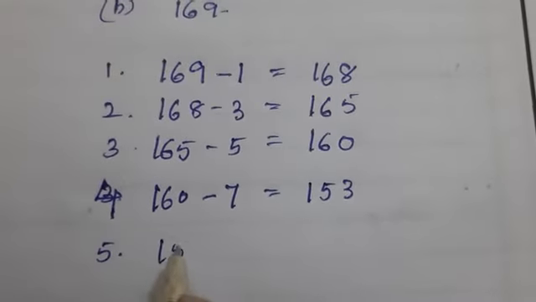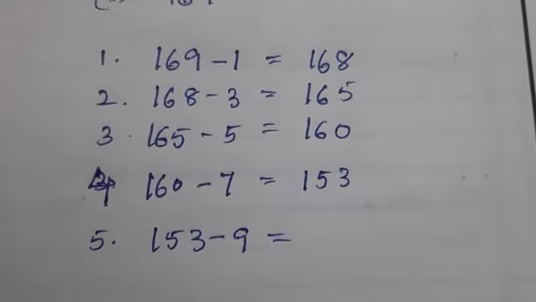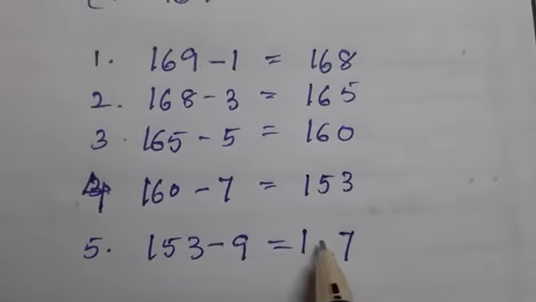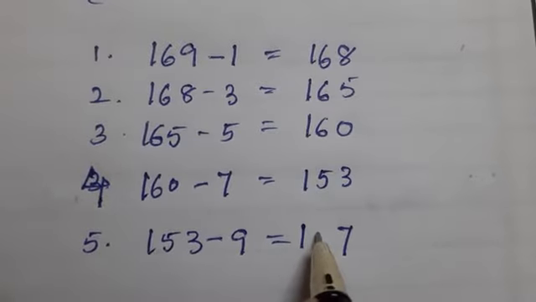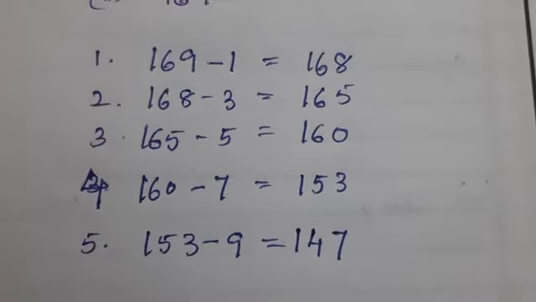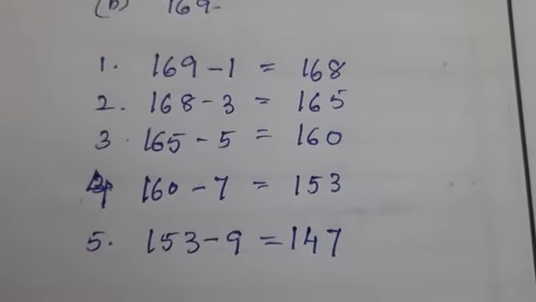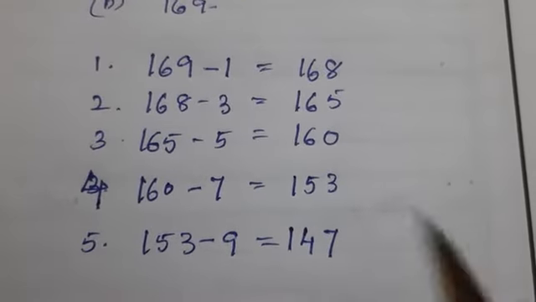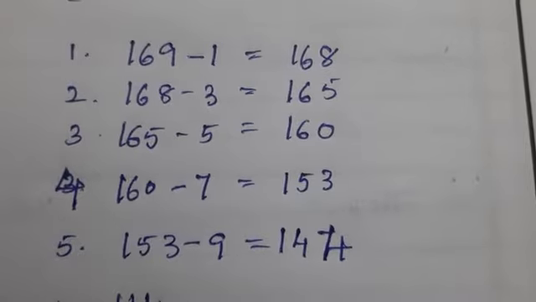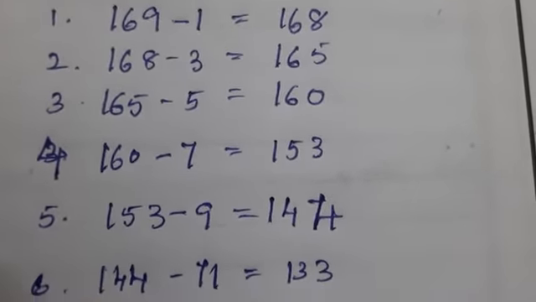Fifth, 153 minus 9, 144. Sixth, 144 minus 11, it will be 133.